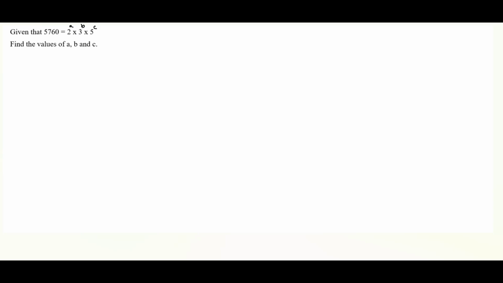So automatically we need to think ourselves that this is a product of prime factors, and to work out what a, b and c are, we just need to find from our factor tree the product of prime factors in indice form and then use that to identify what a, b and c are.